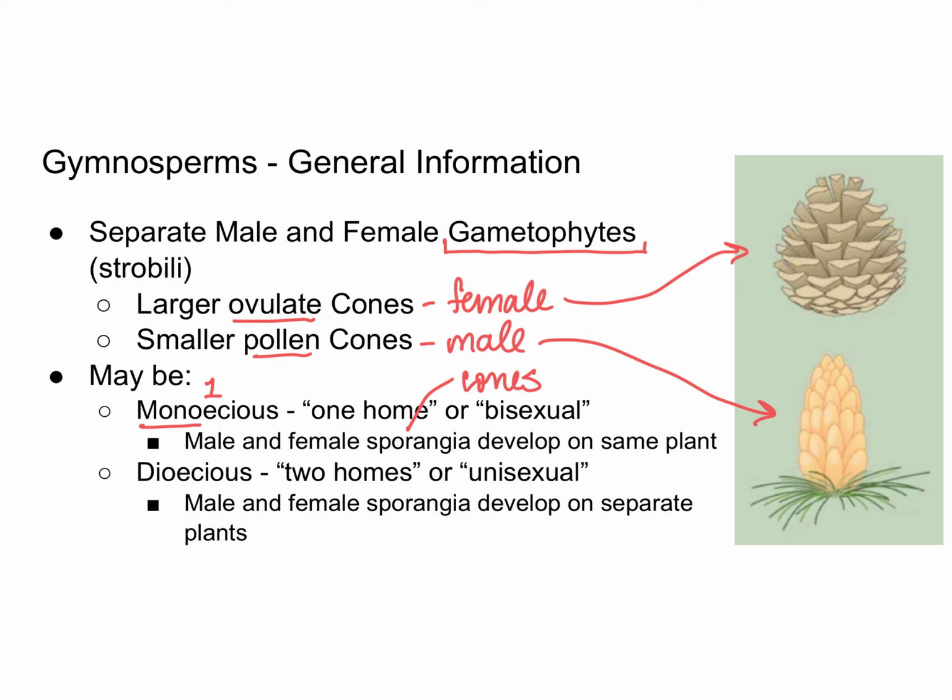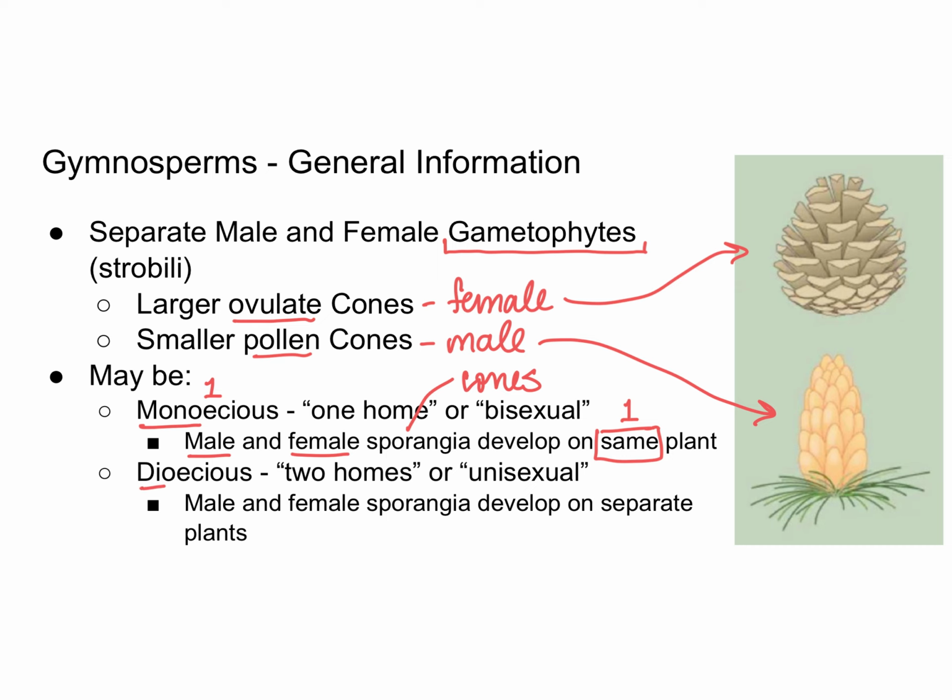Now we still have male and female cones, so this plant still has ovulate cones and pollen cones, but those cones are coexisting on the same plant. So the one in monoecious has to do with them being on the same plant. So one plant has both types of cones.